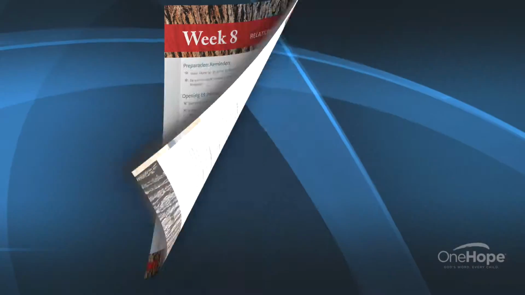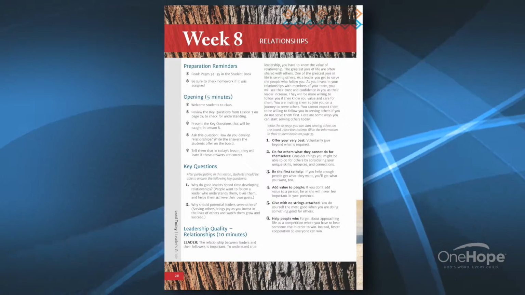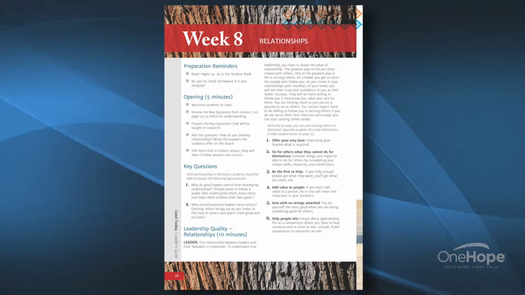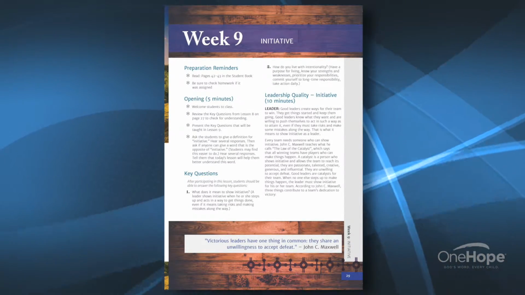Lesson 8 is about relationships. People want to follow a leader who values them and will help them achieve their own goals. Good leaders get joy from adding value to others and seeing them achieve their own potentials. Lesson 9 is about initiative.